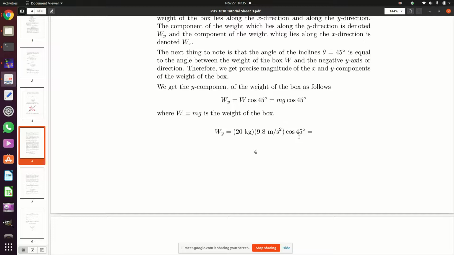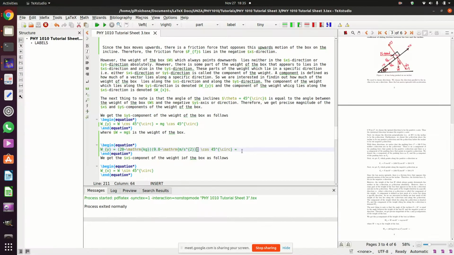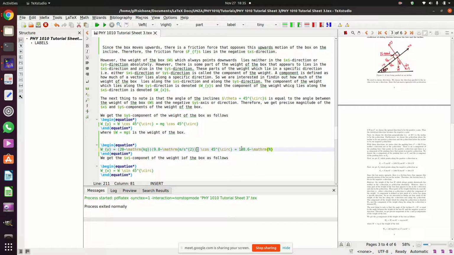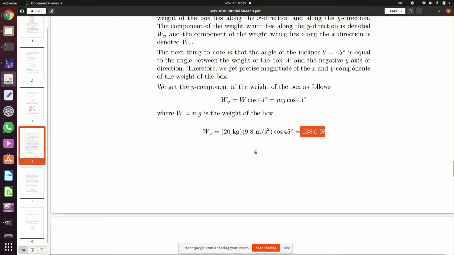How much do we get? We get 138.59, basically 138.6 newtons. So that's what we get as Wy.